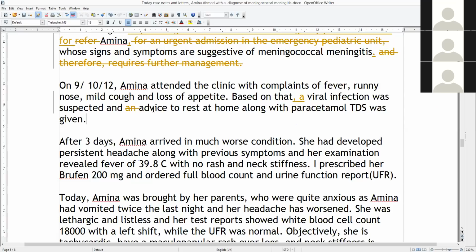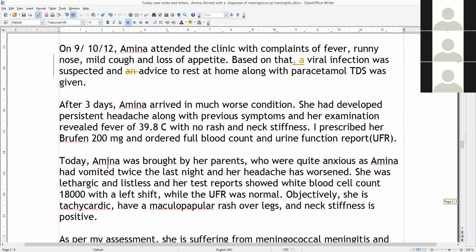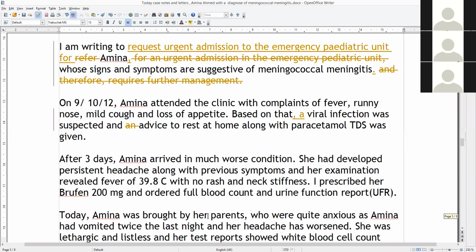Based on that, viral infection was diagnosed and she was advised, well, you know, she wasn't really advised because she didn't come on her own because she's only 8. So presumably somebody, now, right, you've got to watch this. So here, today Amina was brought by her parents, okay.